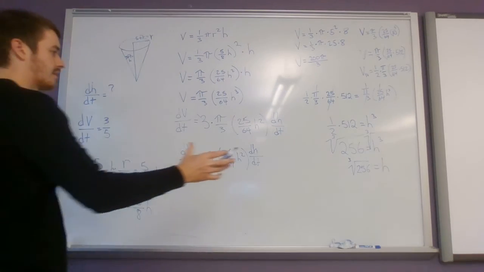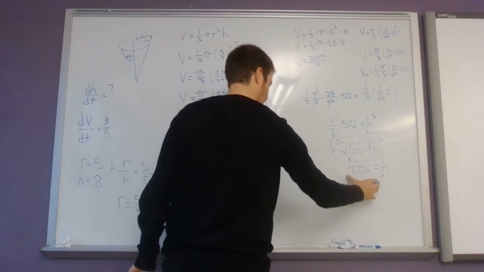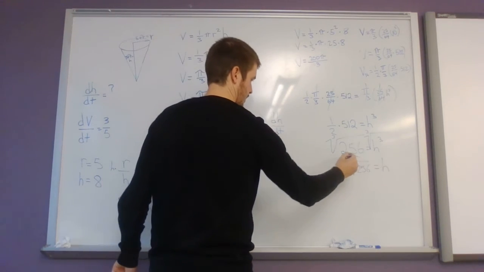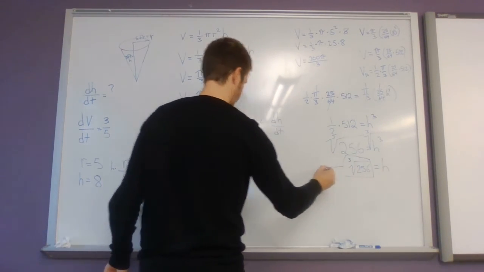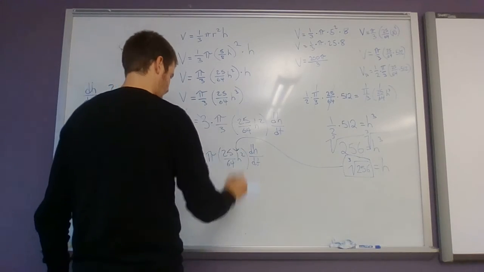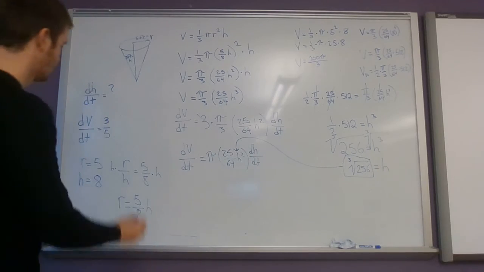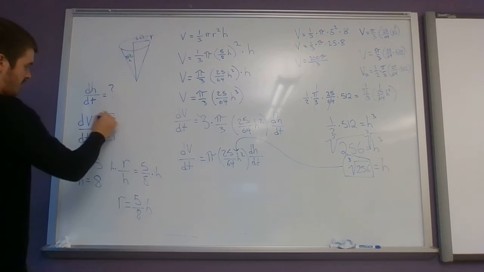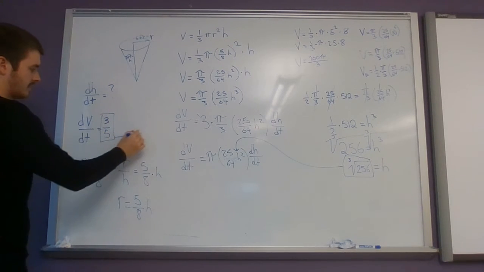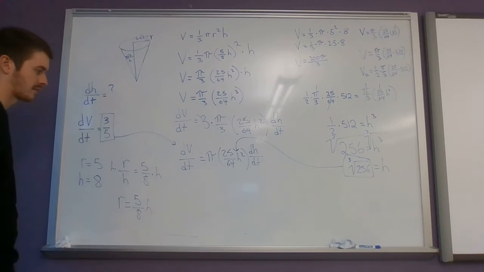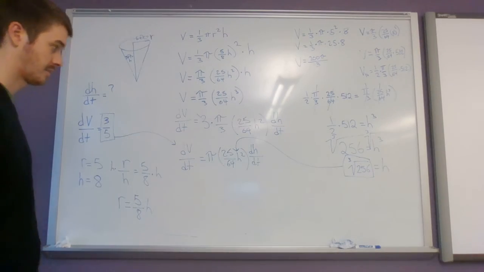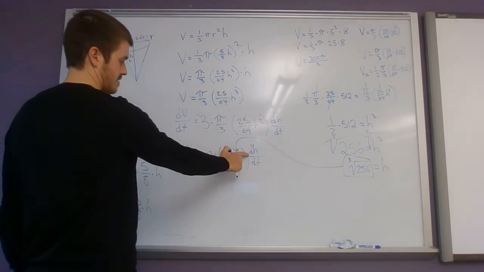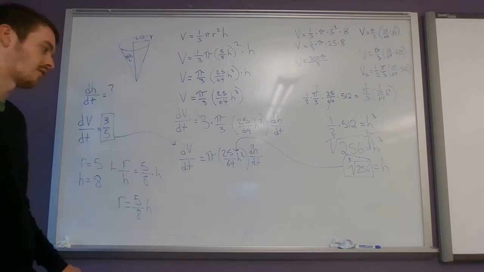Now, we can take this and put it in for h. I can take my 3/5, my dv dt, change in volume with respect to time, plug that in, and it'll leave me with just the unknown of dh dt to solve for.